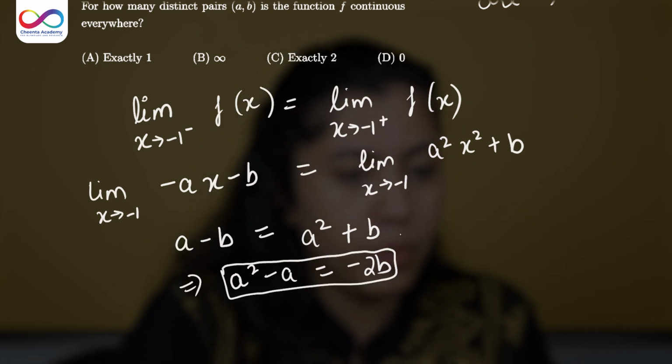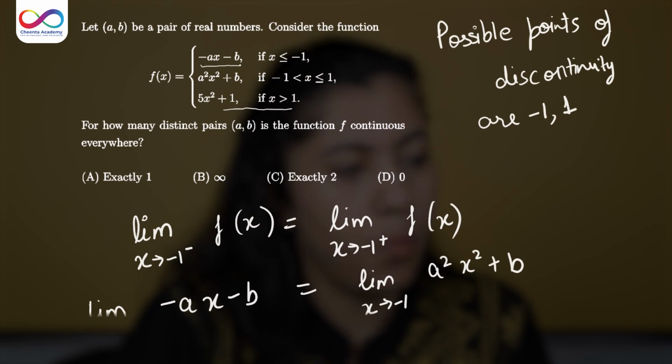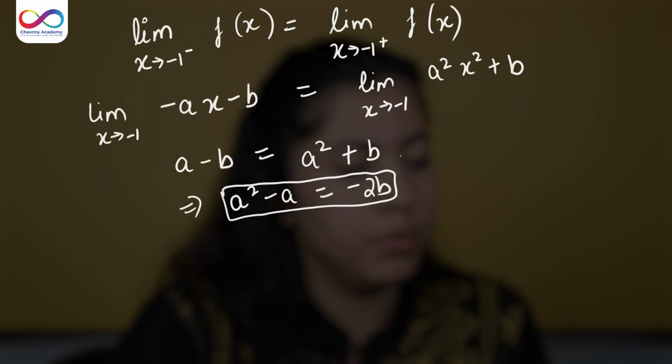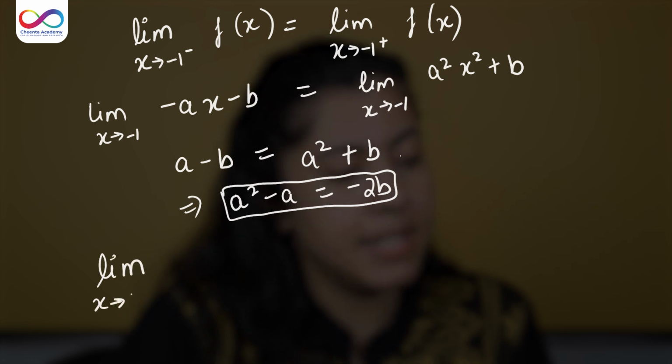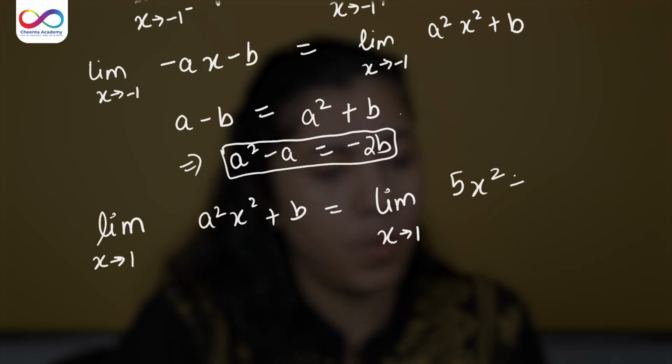And the second equation we'll get when we plug in the value 1. That is the continuity at 1. The left-hand limit as x approaches 1 is a square x square plus b, and the right-hand limit as x approaches 1 is 5x square plus 1.